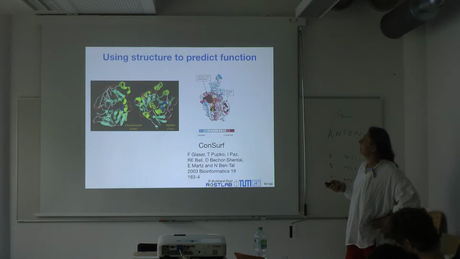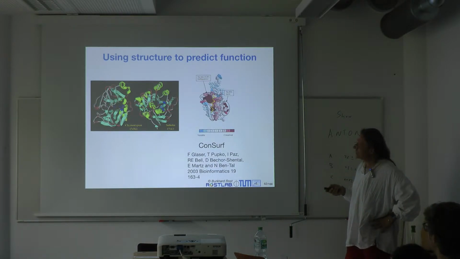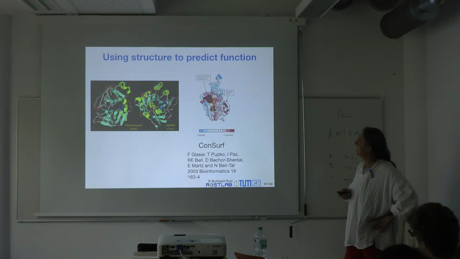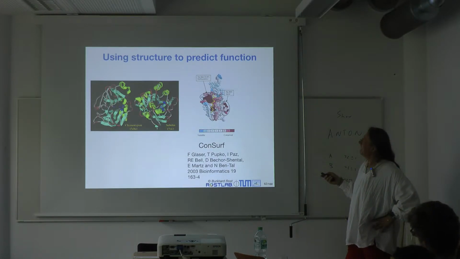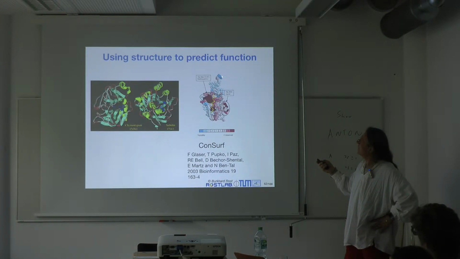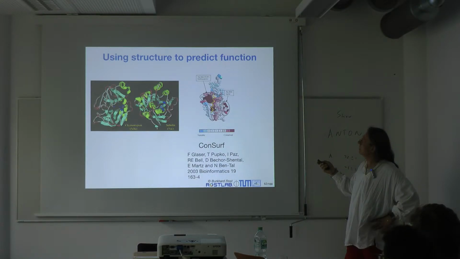We say that we can predict structure, or we can use structure to learn something about function. One way in which we can do that is the method ConSurf here from the Ben-Tal lab. It simply colors the conservation onto the structure: conserved means dark red, variable means strong blue.